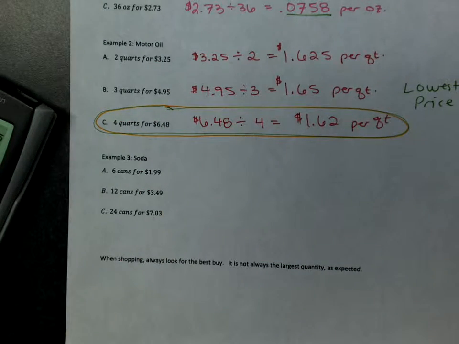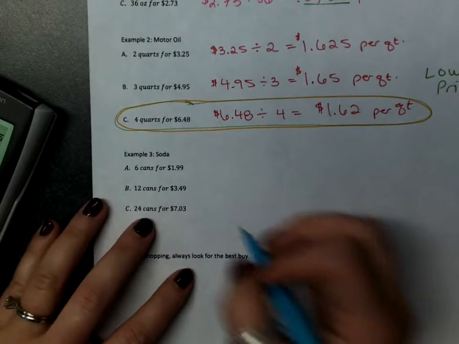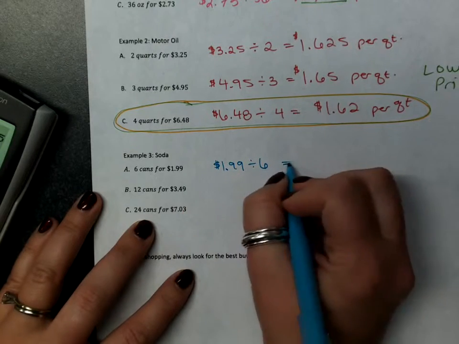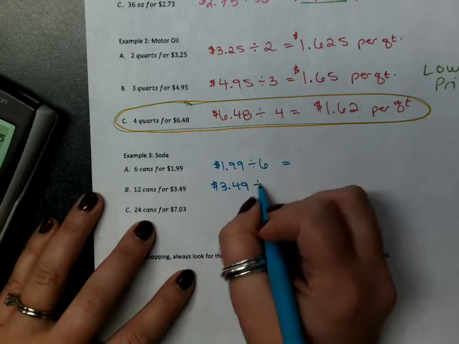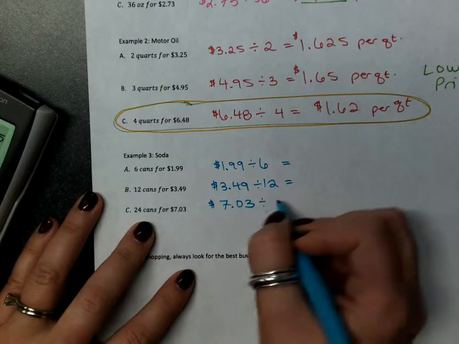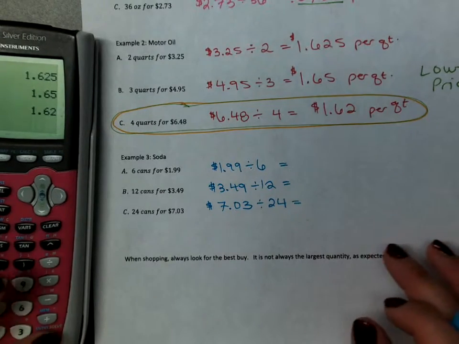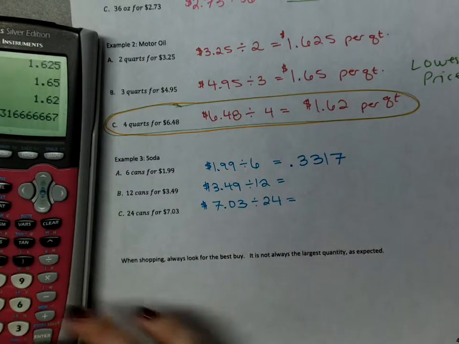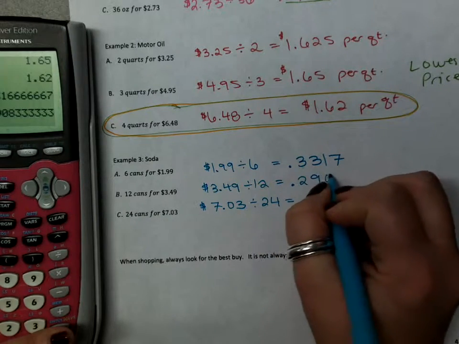And finally, example 3, when you're buying soda, you can get 6 cans for $1.99. So we would take $1.99 and divide by 6 to get the unit rate, always money first. We could pay $3.49 for 12, or we could pay $7.03 for 24. So we'll divide these out. That would be 0.331. $3.49 divided by 12 would be 0.2908.